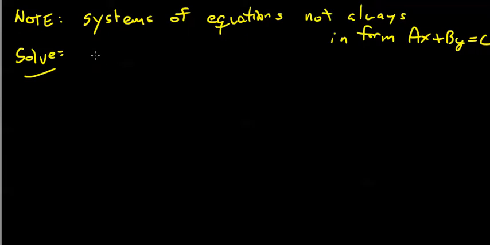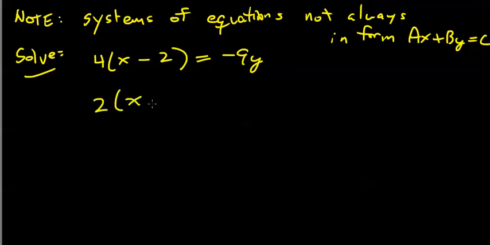Let's see, I've got 4 times (x minus 2) equals minus 9y, and 2x minus 3y equals minus 3. Alright, on test day we'll be asked to solve a similar system to this. And what am I going to do?